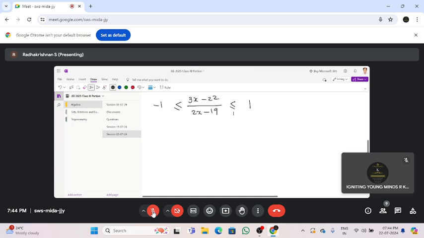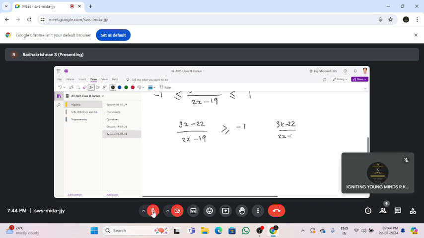Usually in inequalities, there are two inequalities here. (3x minus 22) divided by (2x minus 19) is greater than or equal to minus 1, and (3x minus 22) by (2x minus 19) is less than or equal to 1.